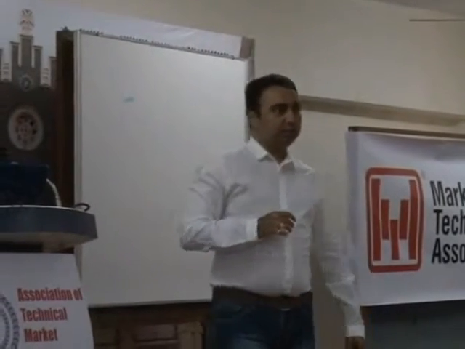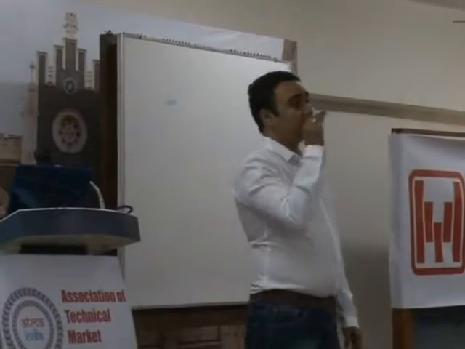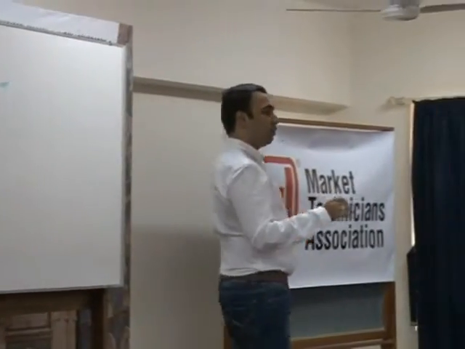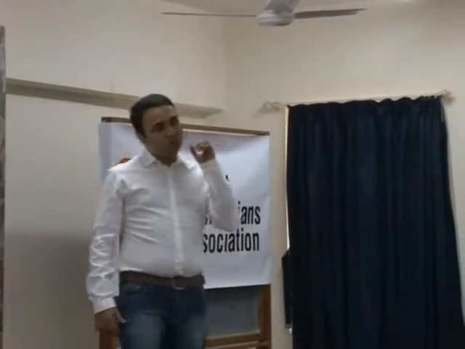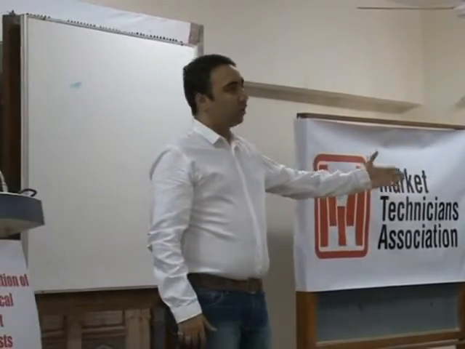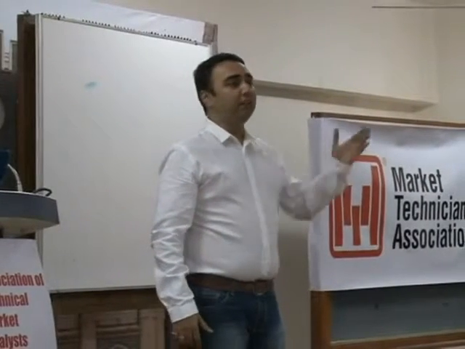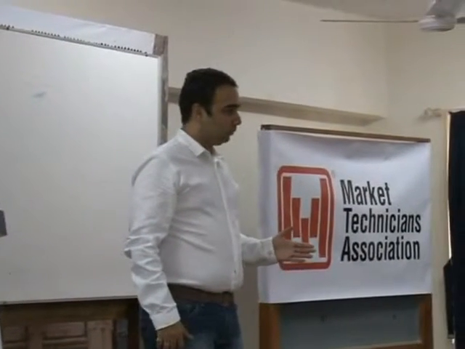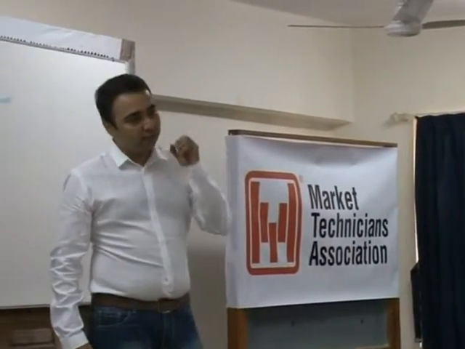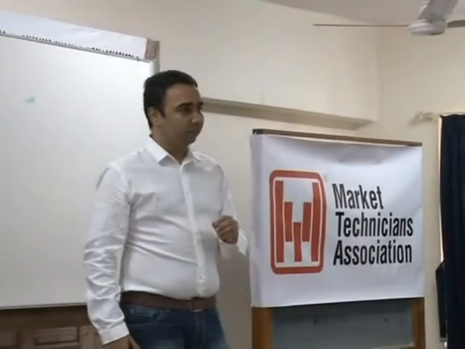If you take any successful trader in the world, I'm talking about a successful trader who's making a consistent amount of money, and you ask him what he is doing, at least some part of the portfolio or a major part of the portfolio will be on trend following. To make big money consistently, you have to have something which is trend following.